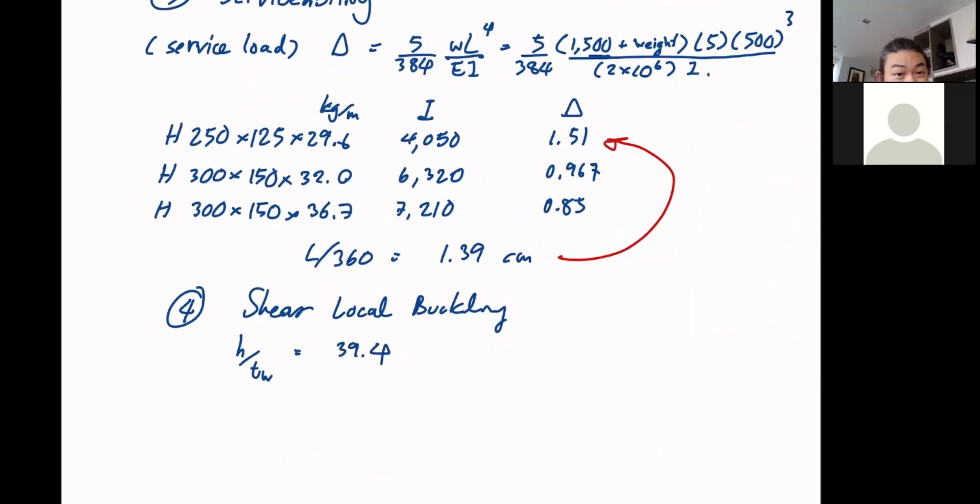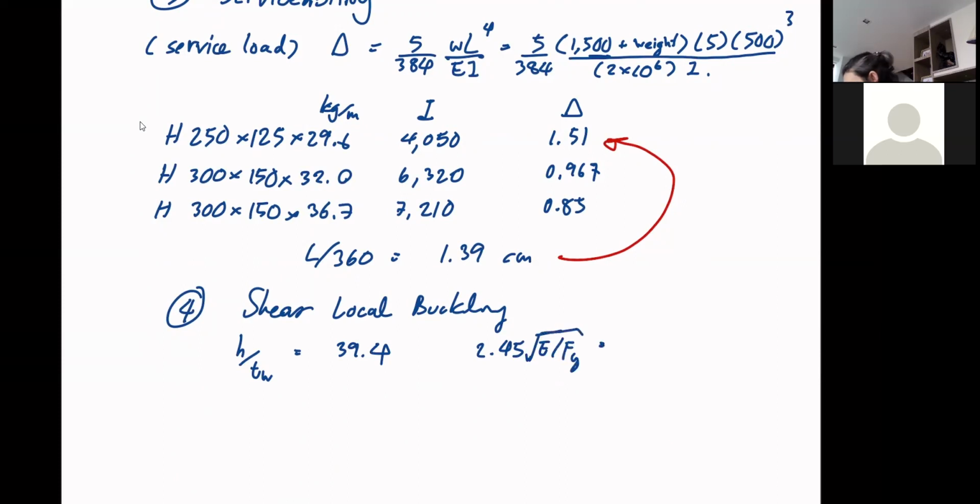Just a second. Okay, so now we are going to compare this. Let's say if you don't want to be bothered, you can use 2.45 square root E over Fy.